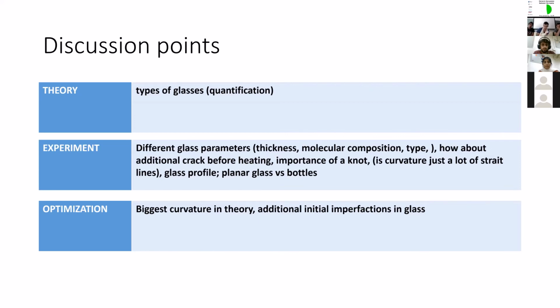I would like to ask, considering glass is a typical amorphous structure, so it doesn't have a crystal lattice, how does this phenomenon affect the cracking of the glass? Could you kindly repeat your question? There was a distortion, so I couldn't really get your question. So glass is a typical amorphous structure.